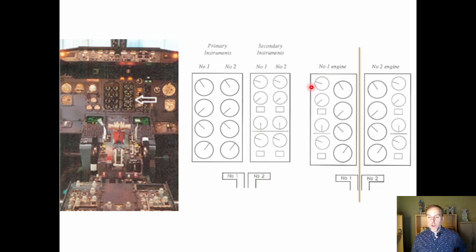So in this sort of layout, everything for the left engine is on this side, and everything for the right engine is on this side. So in this case, if they detect something wrong with the left engine or the right engine, you would be pulling the closest lever, which is more intuitive, more reflexive, probably a better compatibility between stimulus and response.